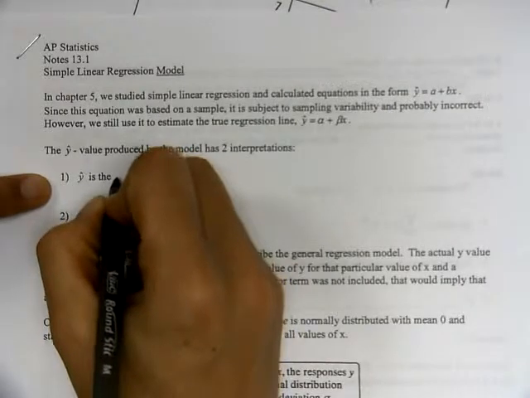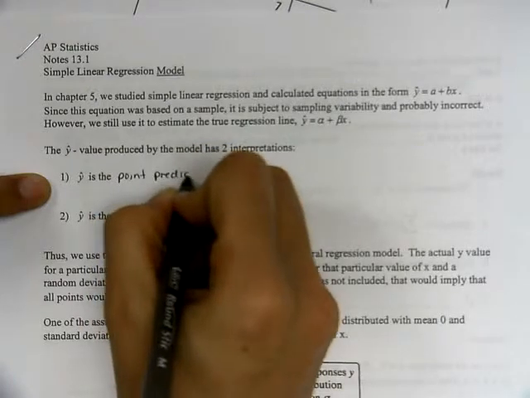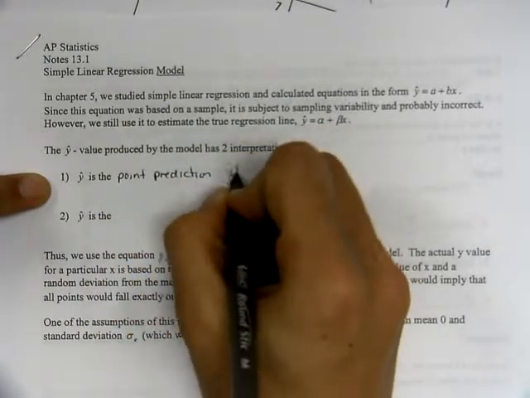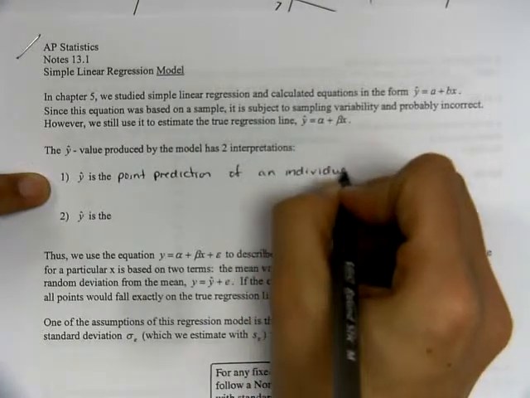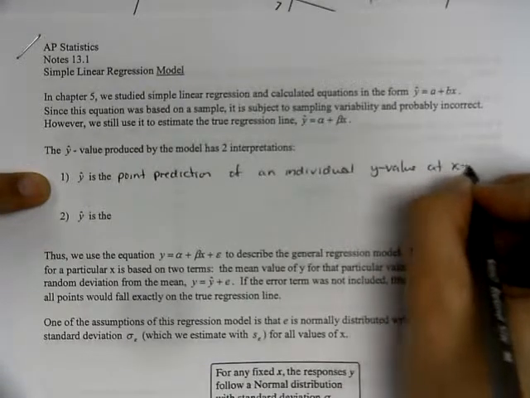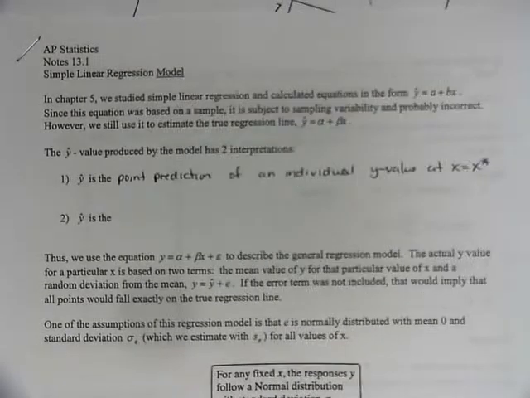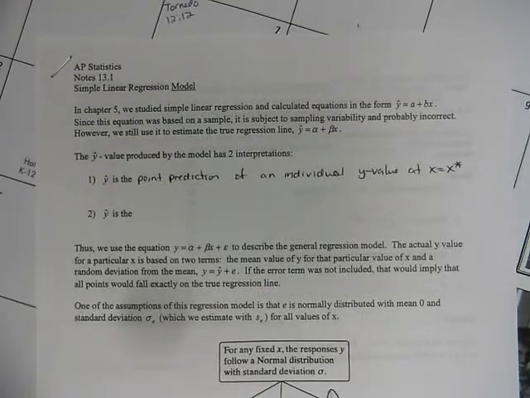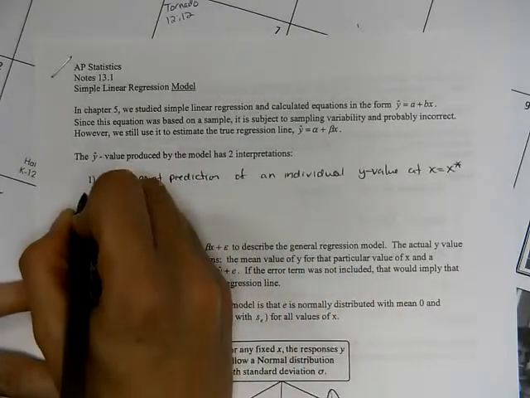Y hat is usually the point prediction of an individual y value at x equals some x star. So usually this is what we write. This is what we wrote in chapter 5.